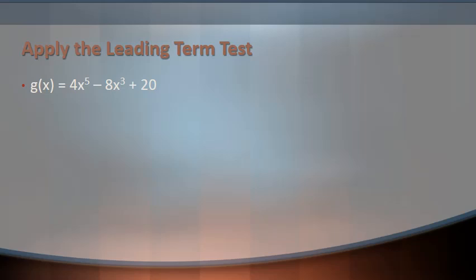So let's see. We've got here a positive 4x to the fifth, so we're going to be expecting a graph that looks something similar to that.